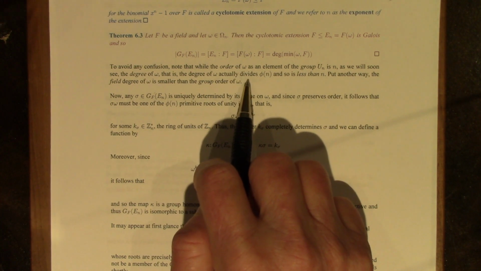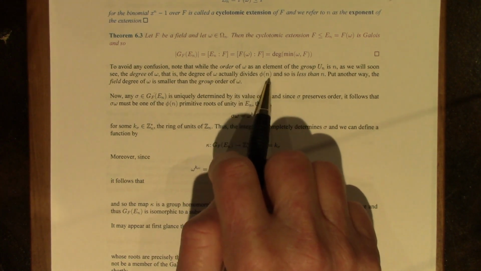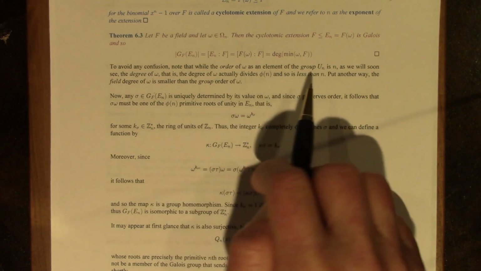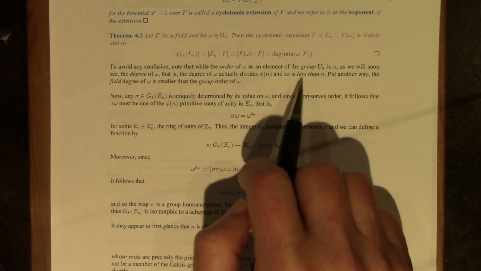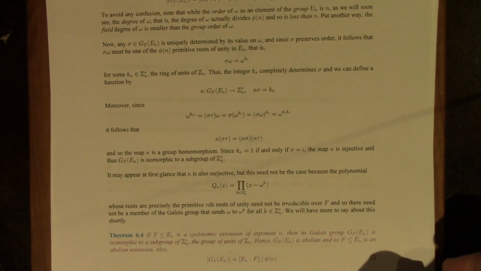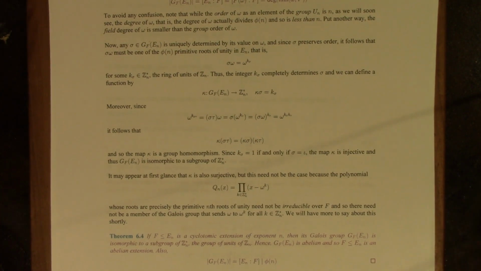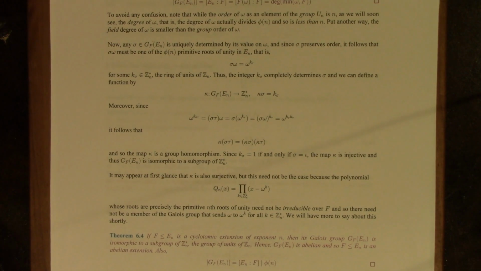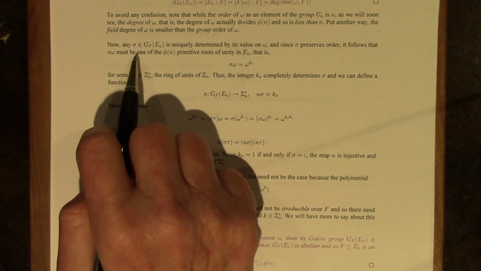As we're going to see, that degree divides phi of n, and so it is less than n. So the field degree of a primitive nth root of unity is smaller than the group order of that element. You might want to pause the video for a minute and let that sink in.